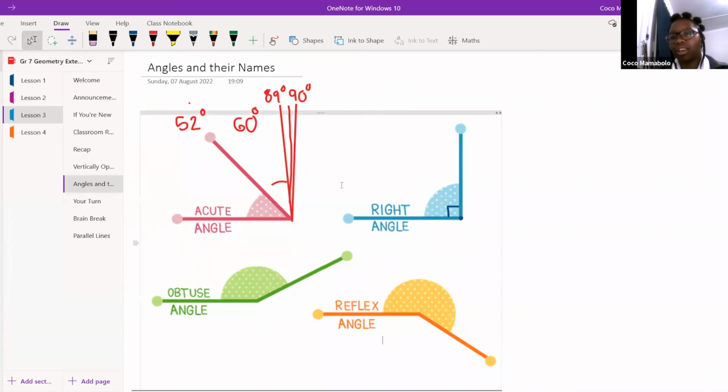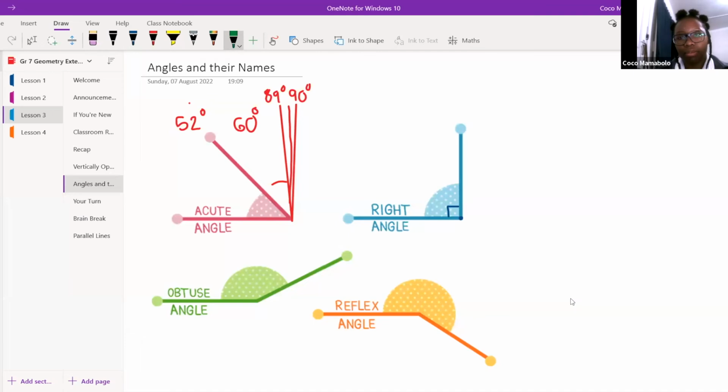Lena, can I ask you to explain what an obtuse angle is? Can you unmute and tell me? I can hear you, my sweetie. It's an angle between 180 degrees and what other degree? You're right that 180 is involved.